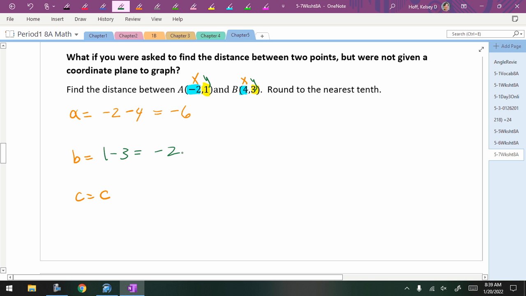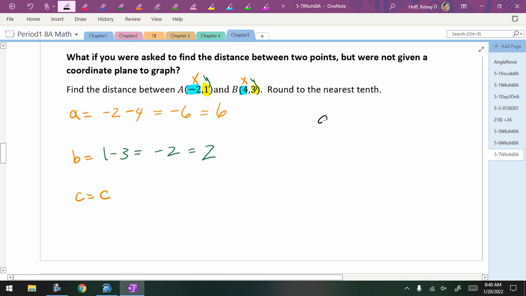Now, this is one of the few times Miss Hoff's going to tell you this. We don't have to worry about the negatives. So our A value is really just a 6, and our B value is really just a 2.